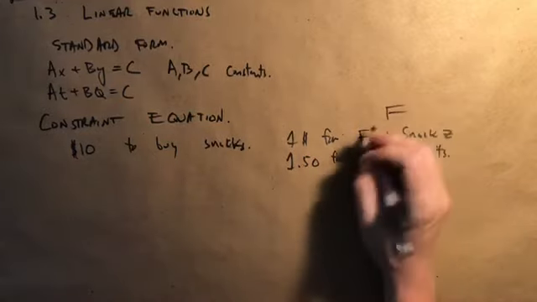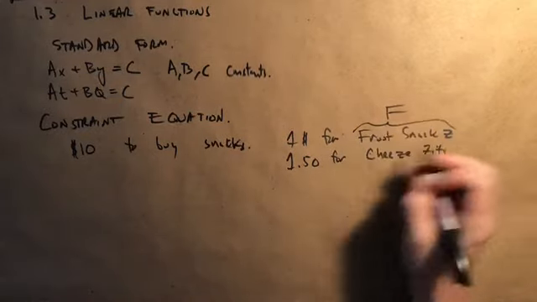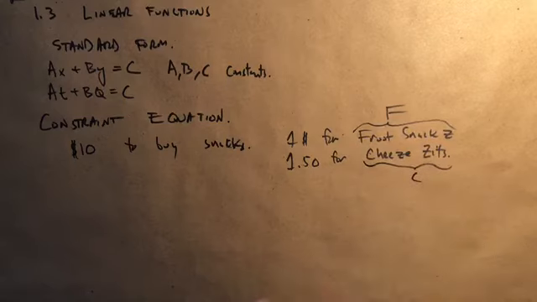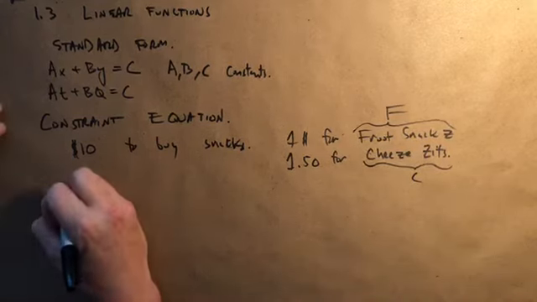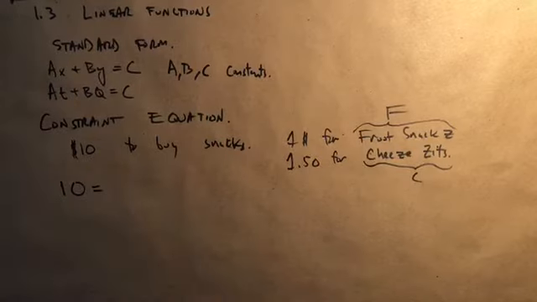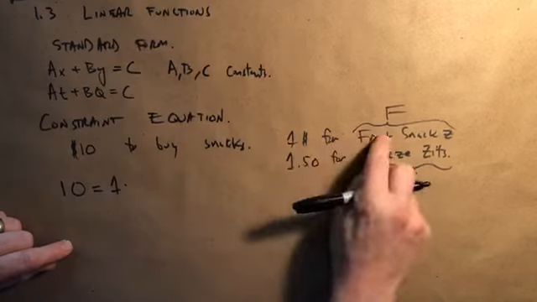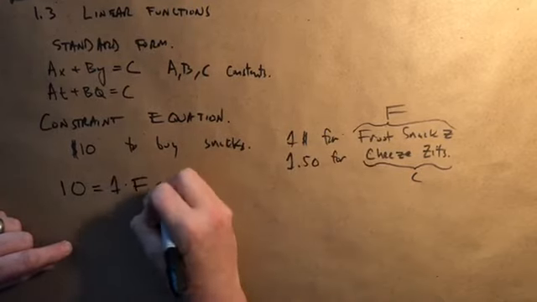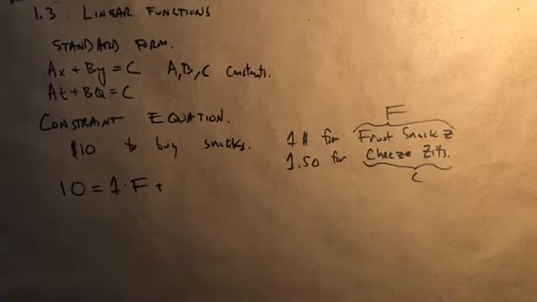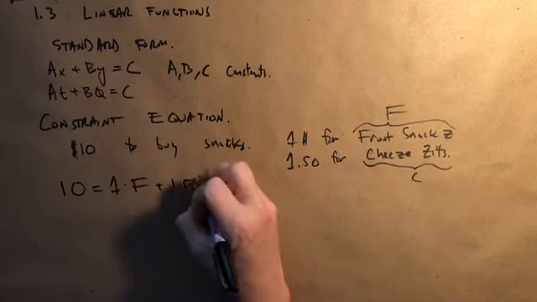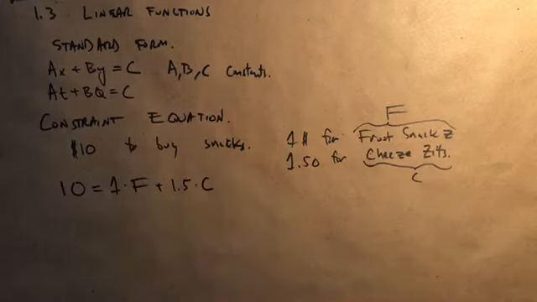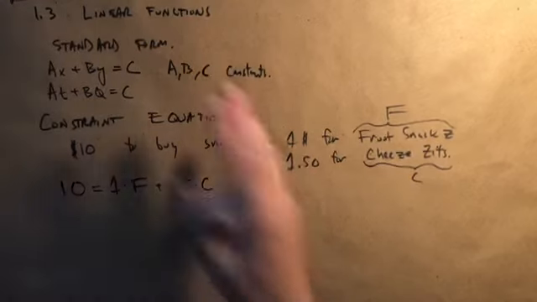Let's use F for fruit snacks. Let's use C for packages of Cheez-Its. And so we're going to make a constraint equation. 10 is equal to 1 times the number of packages of fruit snacks that we buy, plus 1.50 times the number of packages of Cheez-Its that we buy. So here we're in standard form.